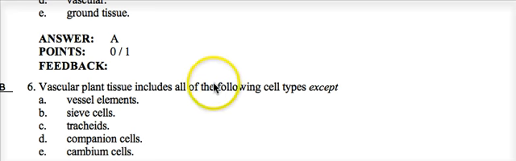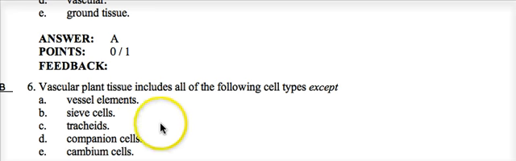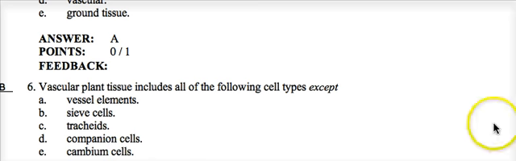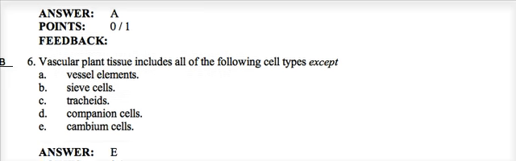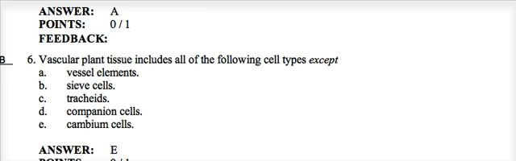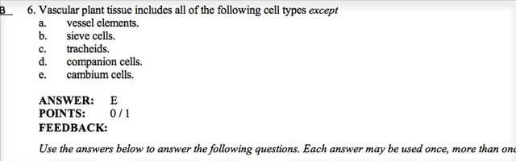Vessel elements and tracheids belong to what? Okay, good, the xylem. Sieve cells and companion cells belong to what? Phloem. So what's a cambium cell? I don't know. So that's the one. That's the answer.